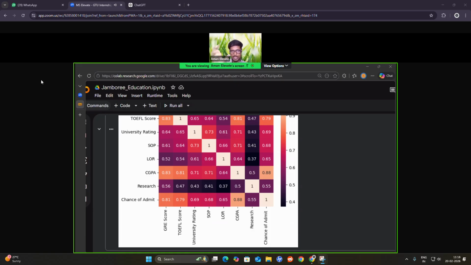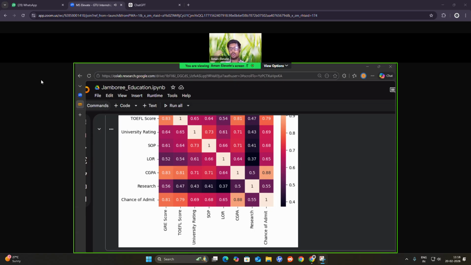It measures how two variables are moving together. If one increases, the second increases; if one increases, the other decreases; or no relation, right? So this is covariance.